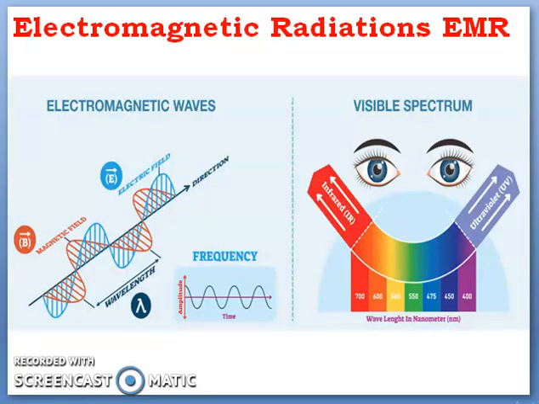Before going to spectroscopy, we will learn about electromagnetic radiation, which is noted as EMR. Electromagnetic radiation is a ray comprising an electrical and a magnetic field which move in directions perpendicular to each other.